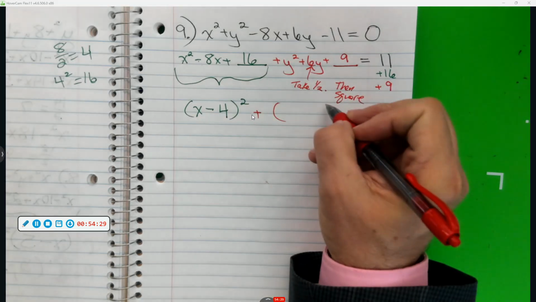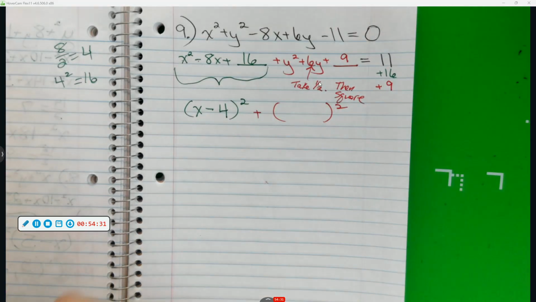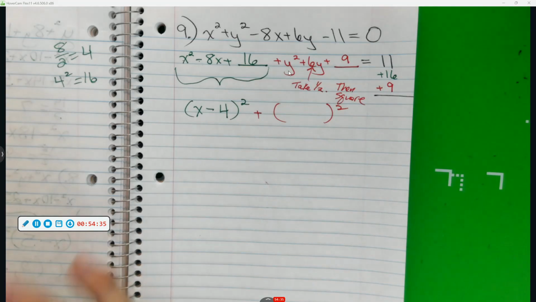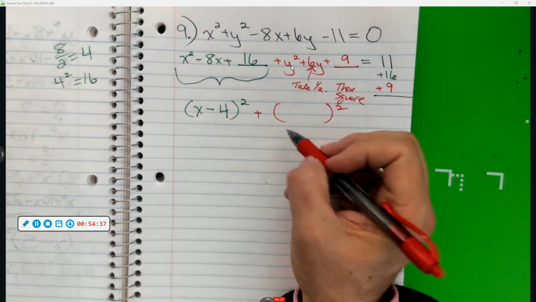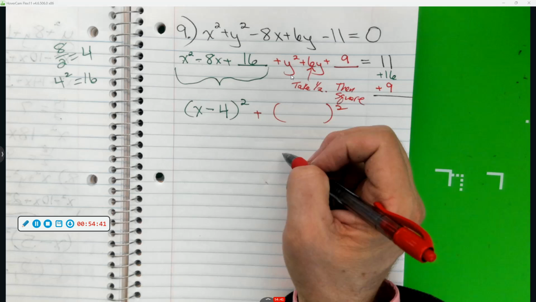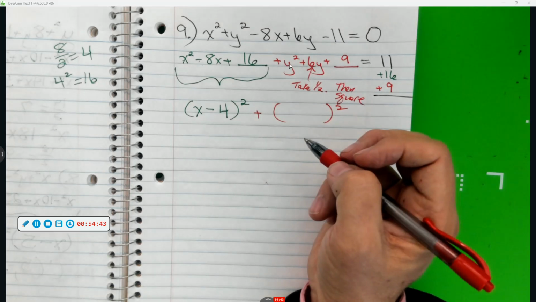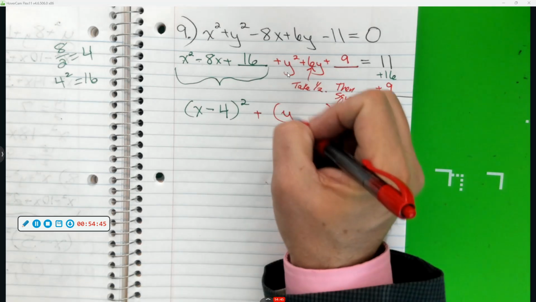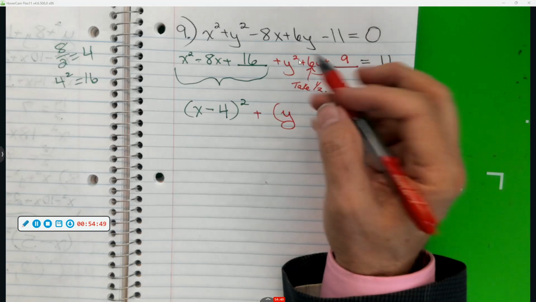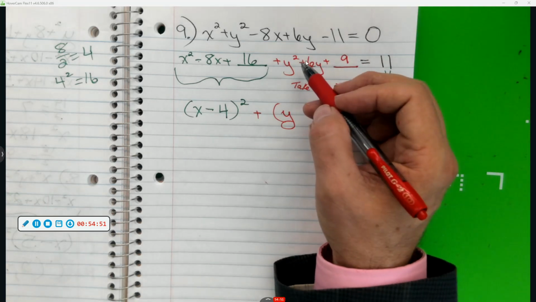Now let's do the y terms. There's my parentheses. I'm not saying anything. Tell me what goes inside the y parentheses. Variable y, sign. Be careful. Look, it's the very next sign. Did I miscopy the problem?